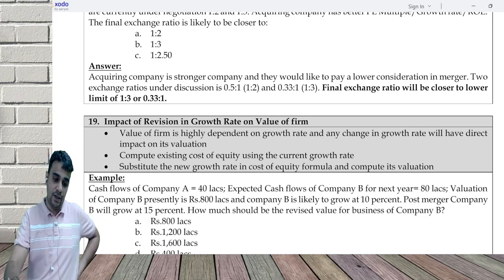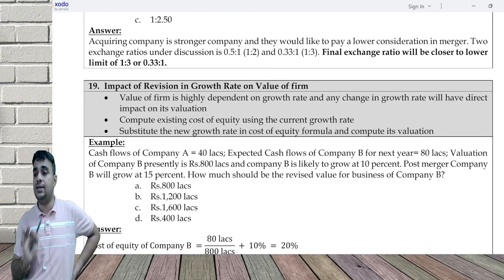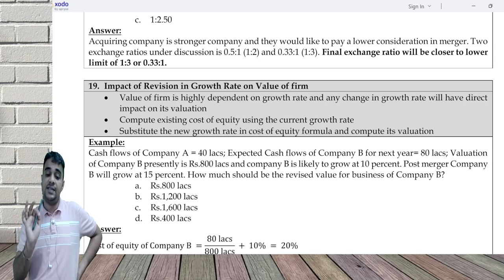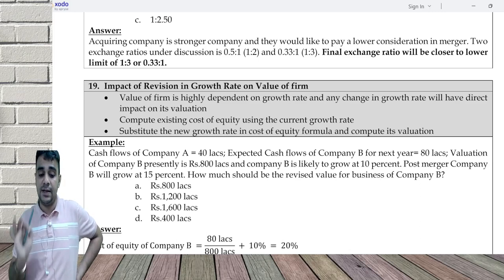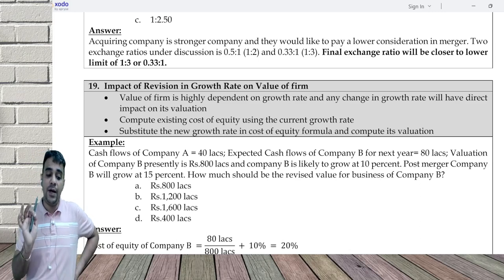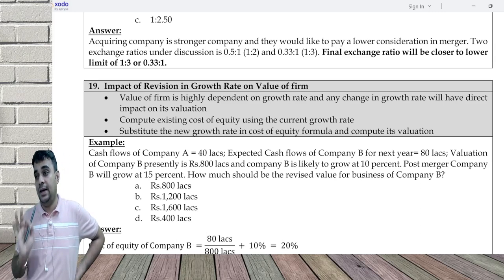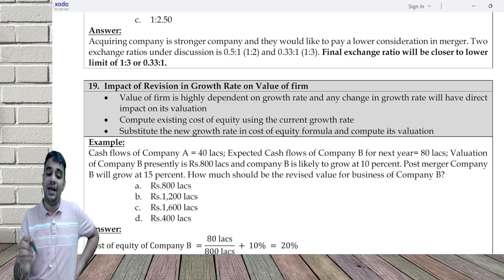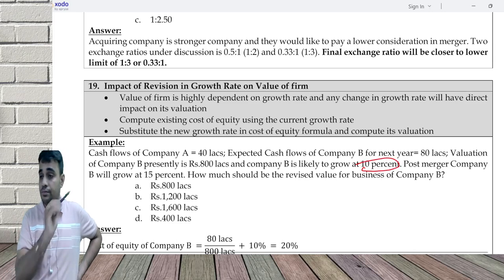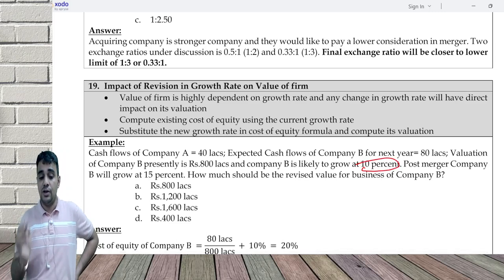Just to give an example, cash flow of company A is 40 lakh. Expected cash flow of company B is 80 lakh. Valuation of company B today is 800 lakh, and it is likely to grow at 10%.